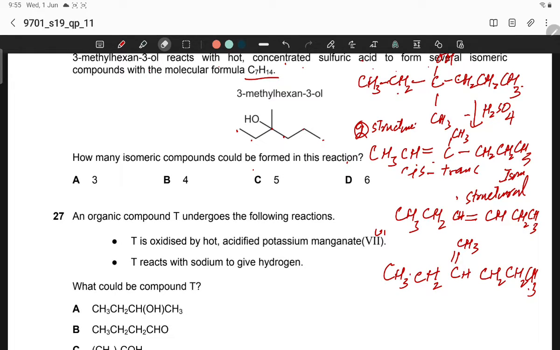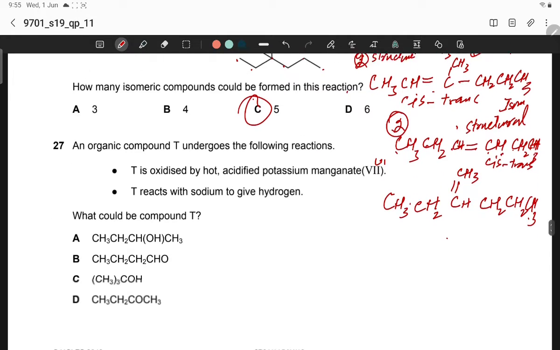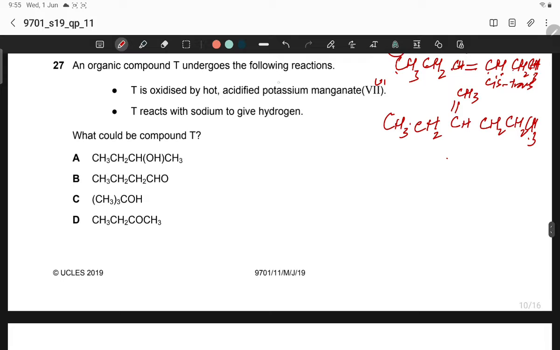So in this isomer also cis trans isomer exists. There are a total of 2 cis trans over here, 2 possibilities, and 2 and 2, 4 and 1, 5. C option is correct.